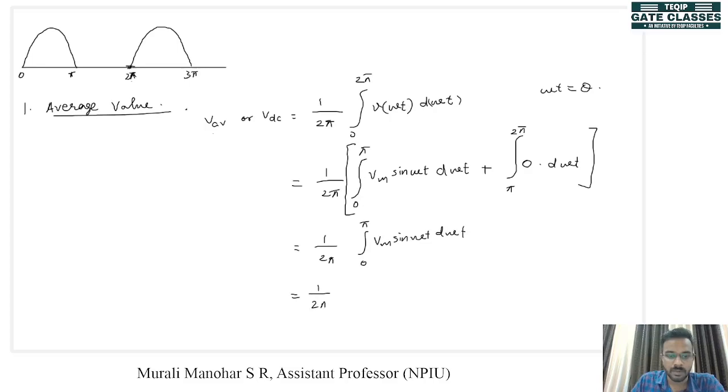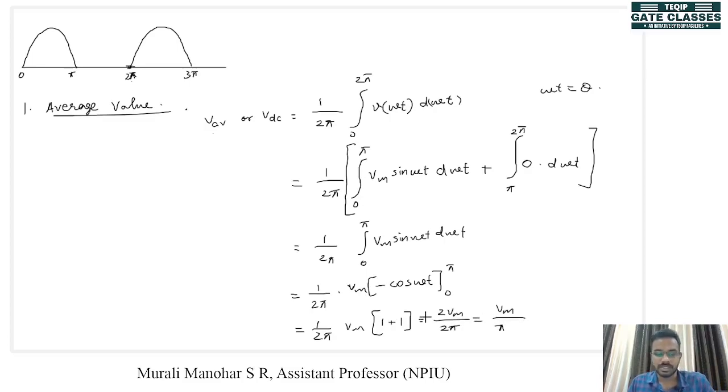and that will be 1 by 2 pi into Vm. The integration of sin omega t is minus cos omega t from 0 to pi. When you substitute the limits, it becomes 1 by 2 pi Vm into minus of cos pi, that is minus of minus 1, which becomes 1, plus cos 0, which is also 1, and this will give you 2 Vm by 2 pi or Vm by pi.